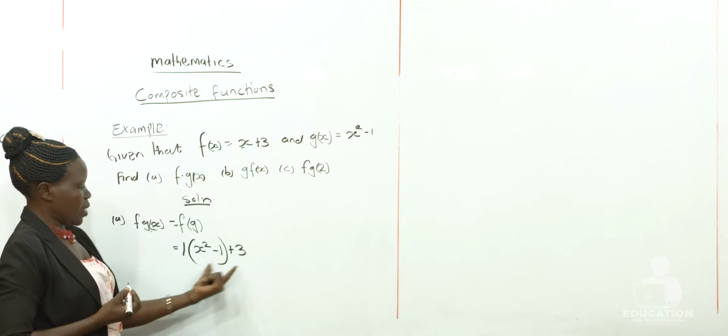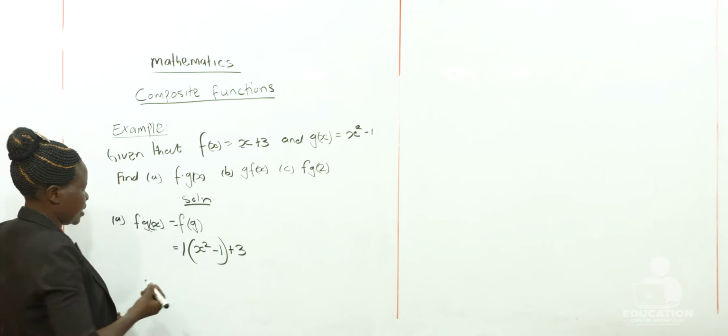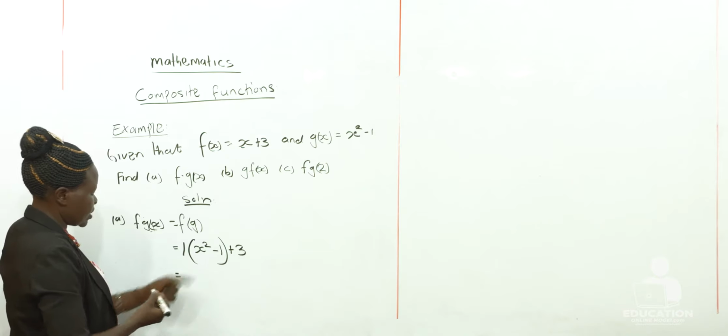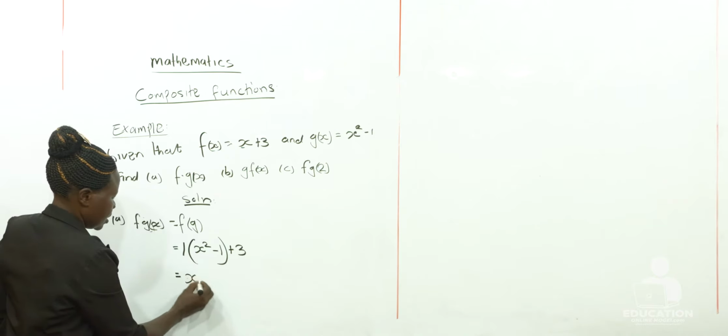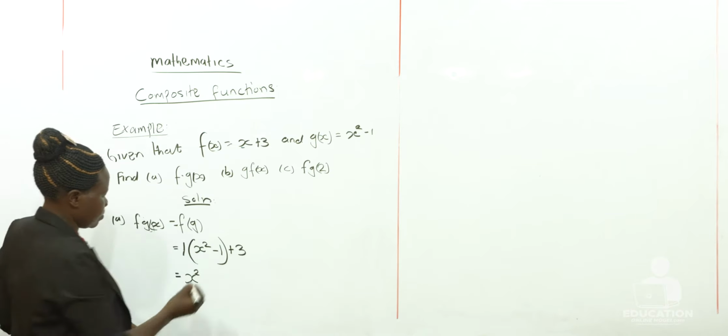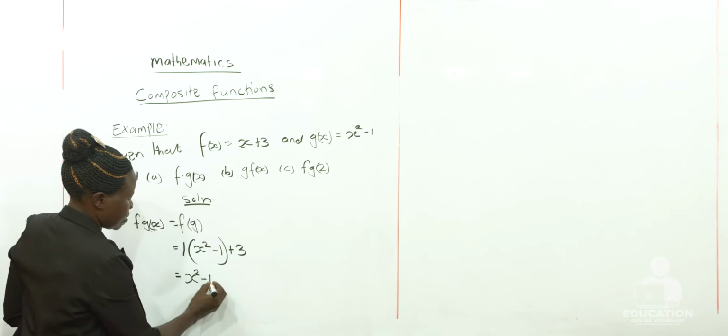After substituting like that, you can now open the bracket by saying, when I multiply 1 times x squared, I will get x squared. And when I multiply 1 times negative 1, I will get negative 1. And then plus 3.